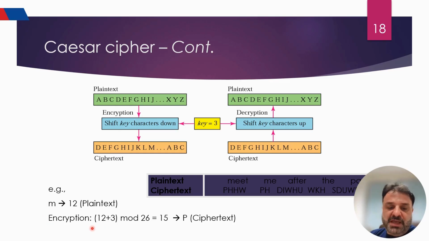So we use M as 12 plus 3, so we have 15. 15 is P, so M is going to P. For the others also, you can see this is the monoalphabetical method. We have two E's, both of them going to H. If we have another M, M is also going to P on both sides. So this method is the monoalphabetical method.